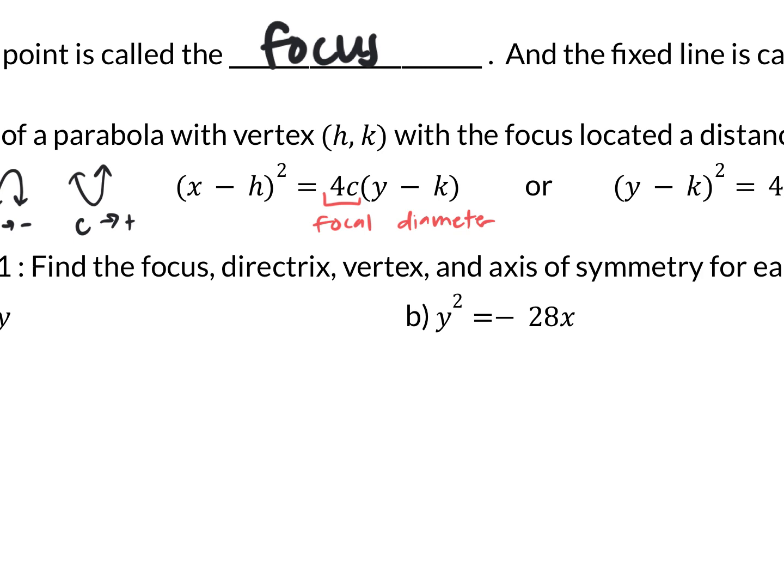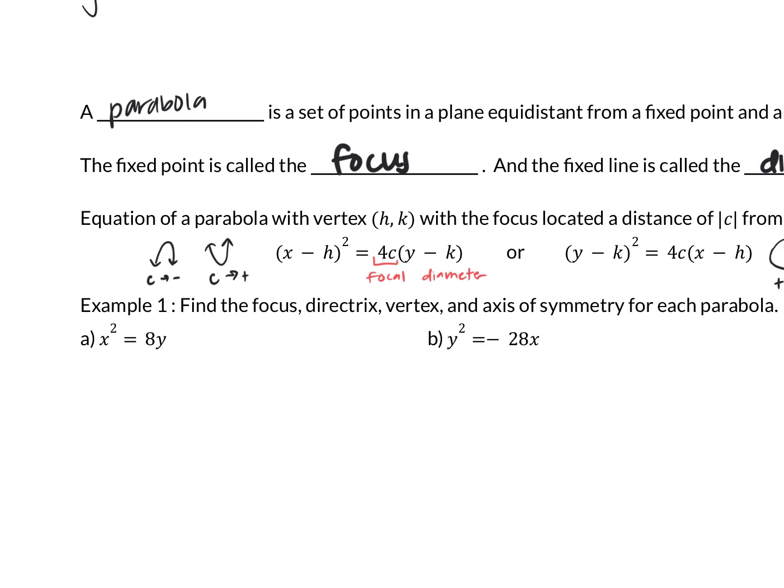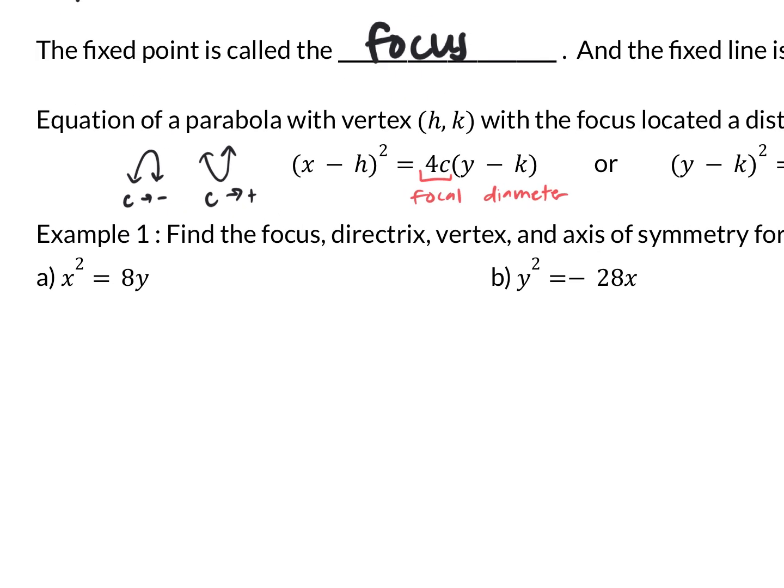So these first two examples, we're just trying to figure out what the focus, directrix, and vertex is based on the formula that we should be using. So example A is x squared is equal to 8y, so that's using that first formula. And if I would rewrite that in terms of that formula, that's technically like x minus 0 squared is equal to, I want to rewrite 8 to be in terms of 4 times c.